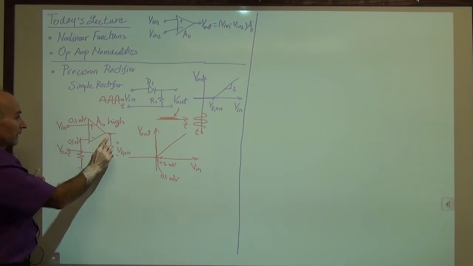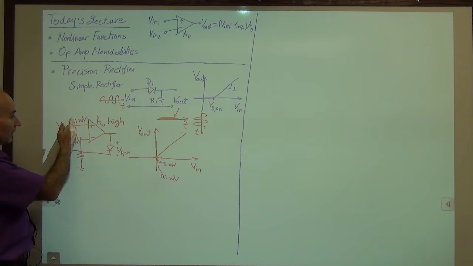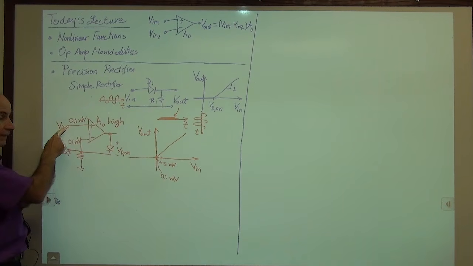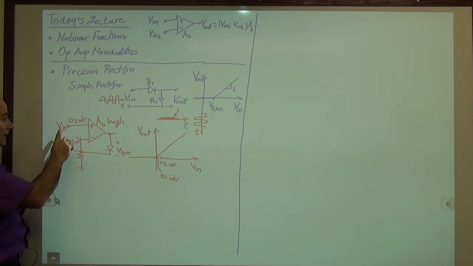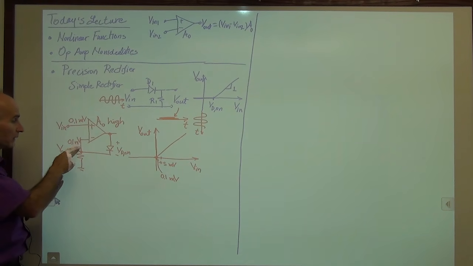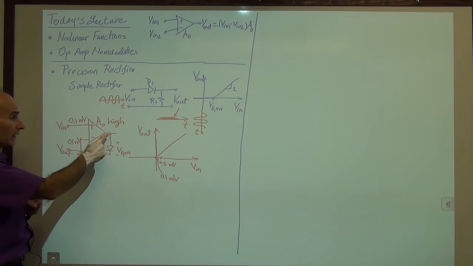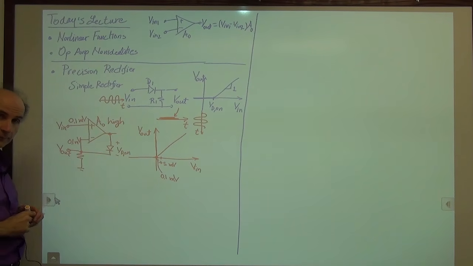So this goes up, this goes up, this goes up. The difference is about 800 millivolts, and the output tracks the input. The output follows the input. As long as V in is positive, this is what happens, because it wants to make this point positive, and the op amp output goes up to turn on this diode, and we have a level shift.